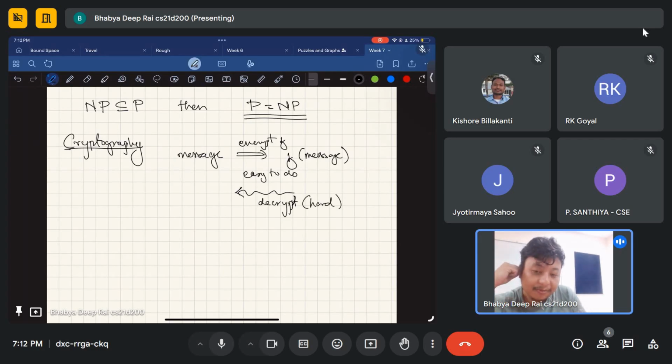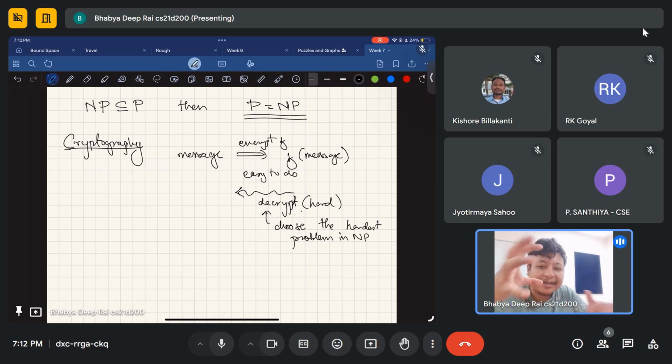So how do we choose a candidate for the encryption? Well, for the opposite process, the decrypt, we choose the hardest problem in NP.